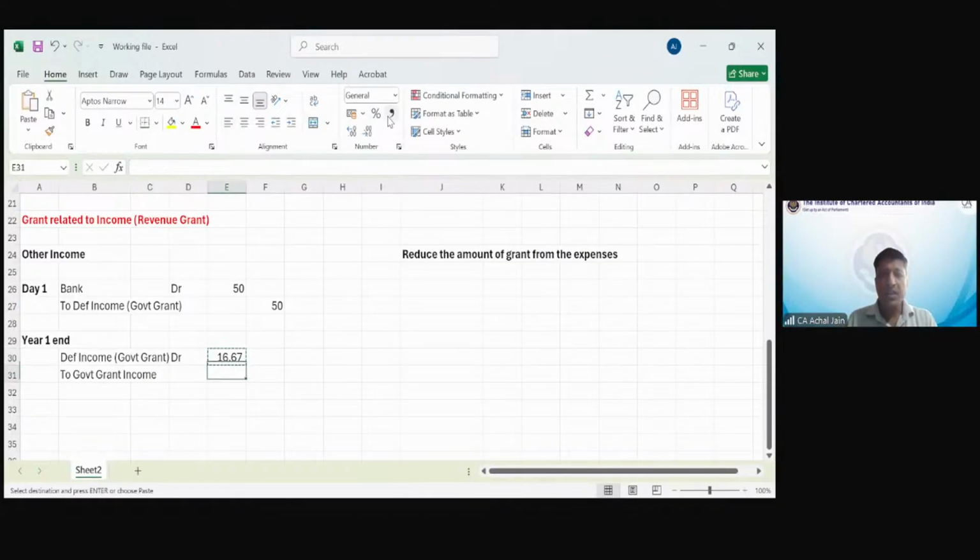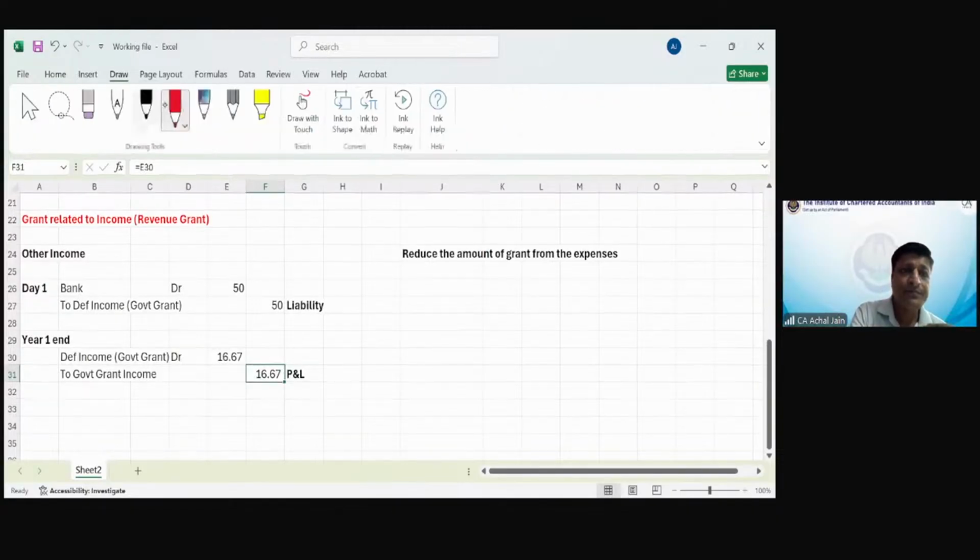So this becomes your liability, which will go to the balance sheet, and this is your P&L impact, which goes to P&L as other income. Now this government grant of 16.67 lakhs, where do you show this in the P&L? Other income.